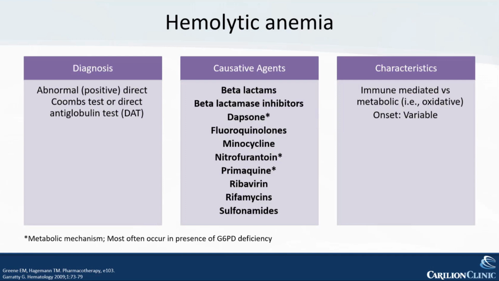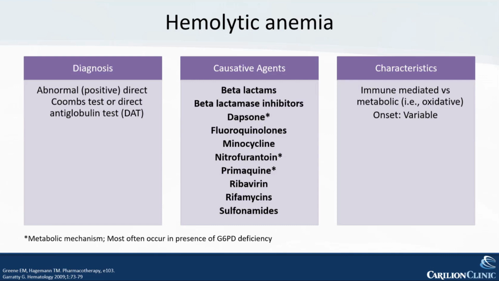For hemolytic anemia, this is a little bit more well-known blood dyscrasia for some of these different agents. Most commonly, this is in the presence of a G6PD deficiency, and the agents we're going to see most commonly do this are dapsone, nitrofurantoin, and primaquine. In general, nitro is not used long enough to really see much of this side effect.